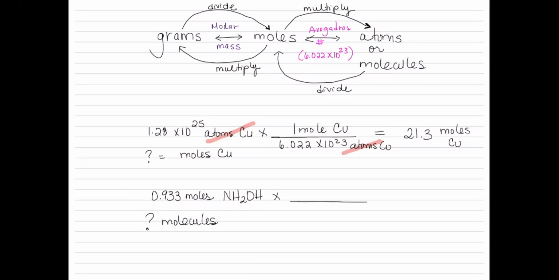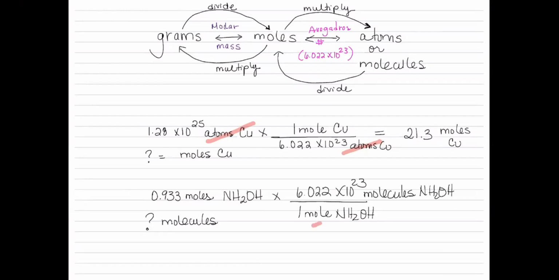And why are we multiplying? Because remember that units in dimensional analysis are always canceled diagonally. So that means that here we're going to put 1 mole of NH2OH on top, and Avogadro's number, 6.022 times 10 to the 23rd molecules of our compound, which is NH2OH.